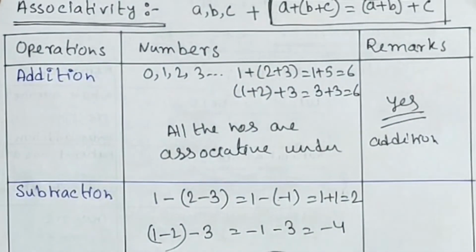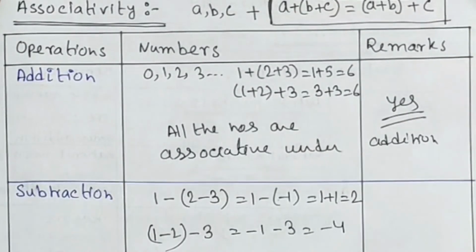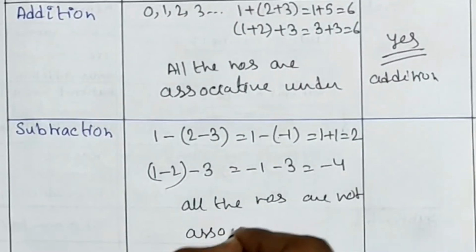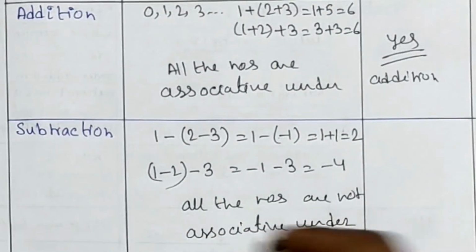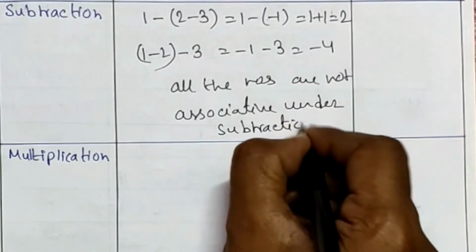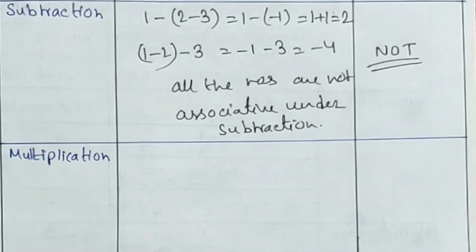So clearly all the numbers are not associative under subtraction. I hope you can easily understand.